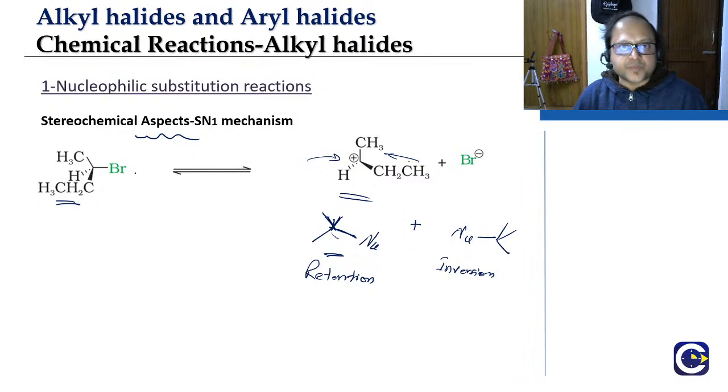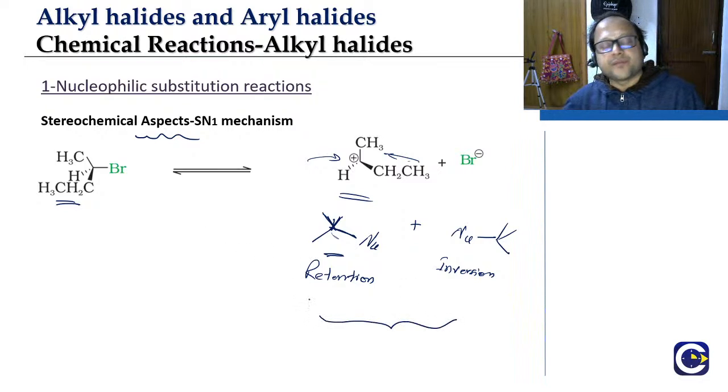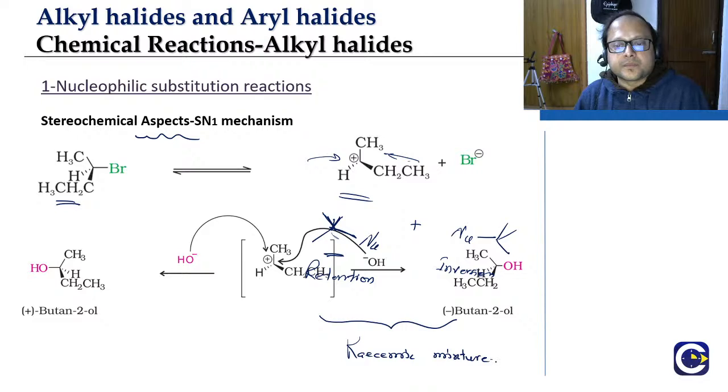Okay, I hope this much part is totally clear, right? We are going to get a racemic mixture, not the desired individual product the way we got it in SN2. Here it is a racemic mixture, right? Exactly the same thing that you see here, inversion and this. So I wrote it here.